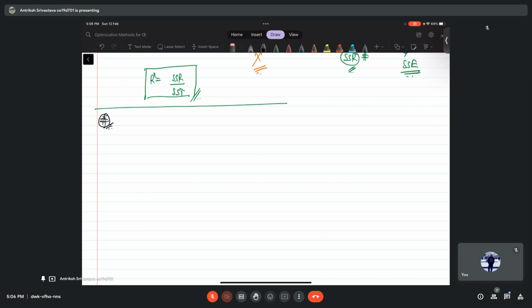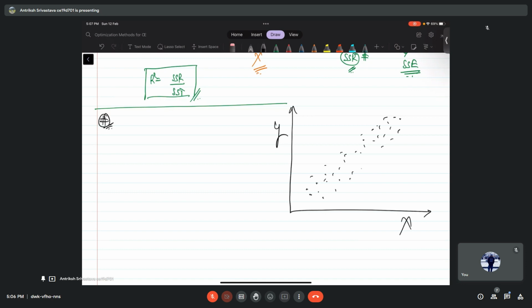So from the lecture notes, who is able to understand the confidence interval and prediction interval? Let me draw the plot. So you have y, you have x, you have a lot of data. Here is the data distributed. Now this is the mean prediction, and this is some interval.